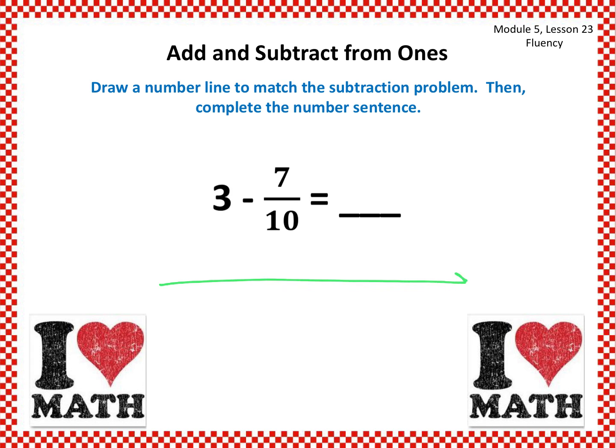We'll do the same thing here. 3 minus 7/10. Well, 3 is going to be our end point because we're going to subtract from 3. And so we're going to put 2 here. And we're going to divide this into tenths. 2, 3, 4, 5, 6, 7, 8, 9, and 10.